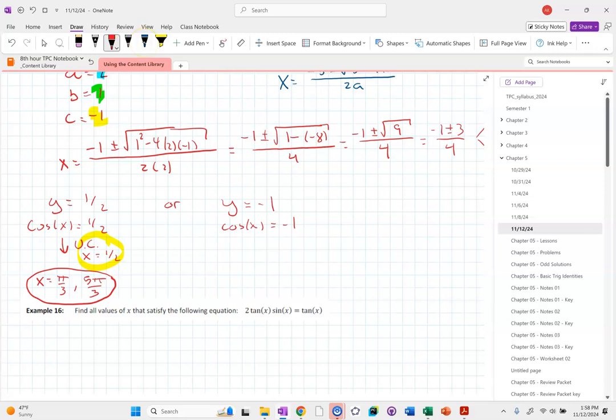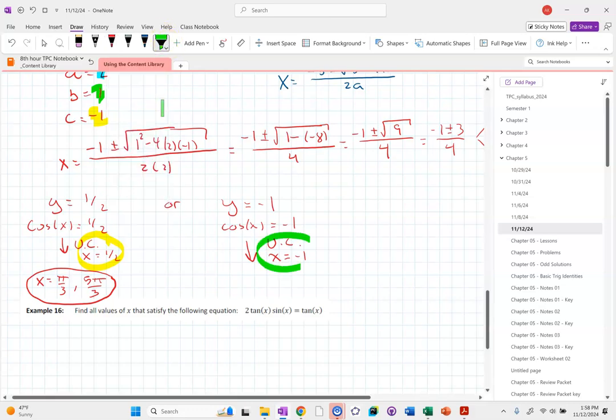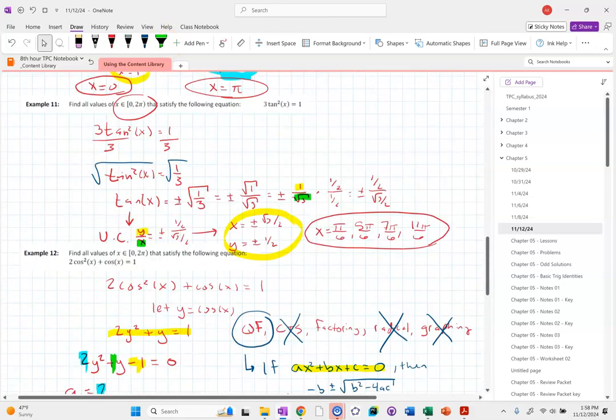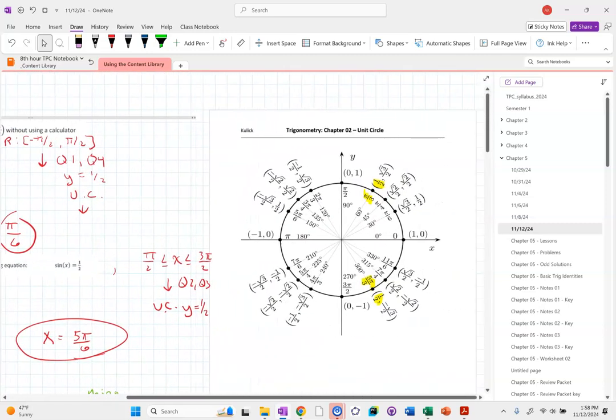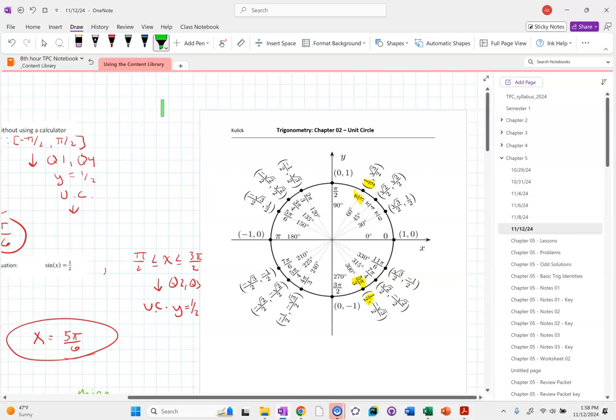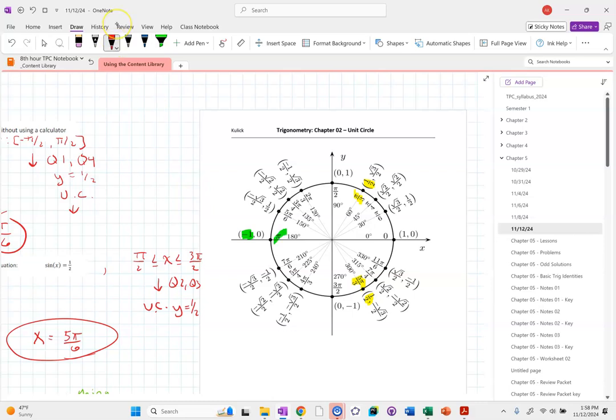And then for cosine x equals negative 1, I need to go to the unit circle and look where x is equal to negative 1. Because it's cosine, that's the only spot there. So my answer is just pi.